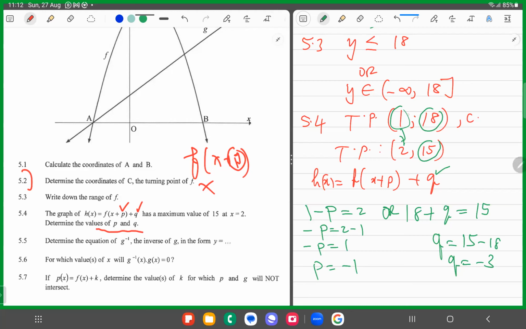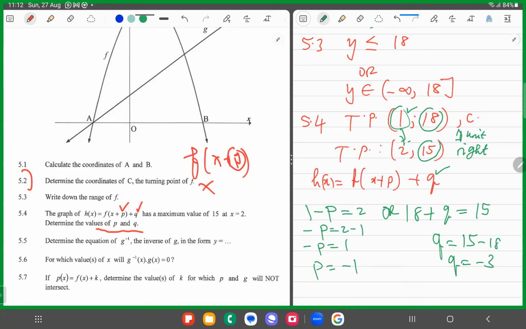The x was 1 at the point 1 and 18, but now it became 2. When it became 2, it meant that the translation was 1 unit to the right.